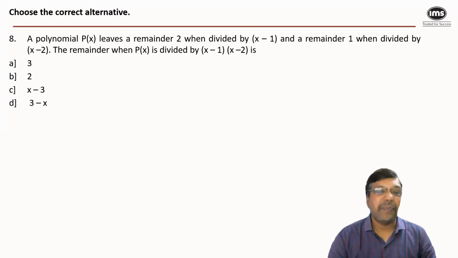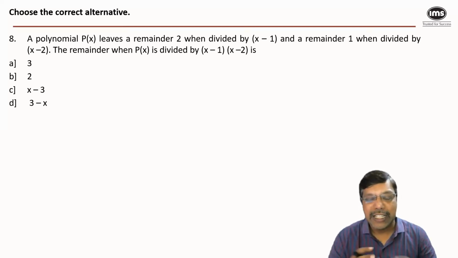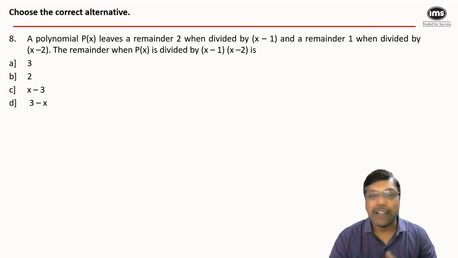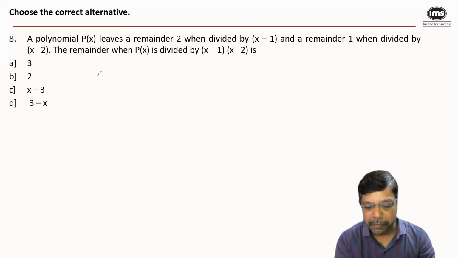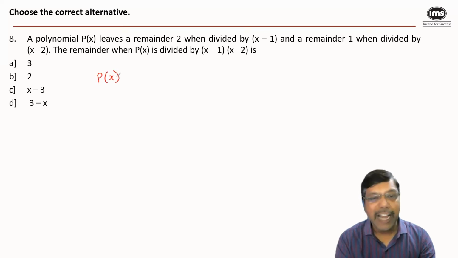Question number 8. Now, this is one of those questions that seem to be difficult, but in actual, it's quite simple. Let us see what is the information we have in hand. There's a polynomial p of x. And when I divide this by x minus 1, the remainder is 2.